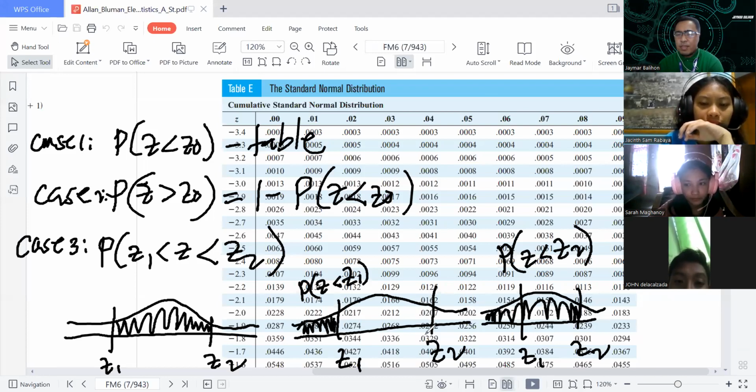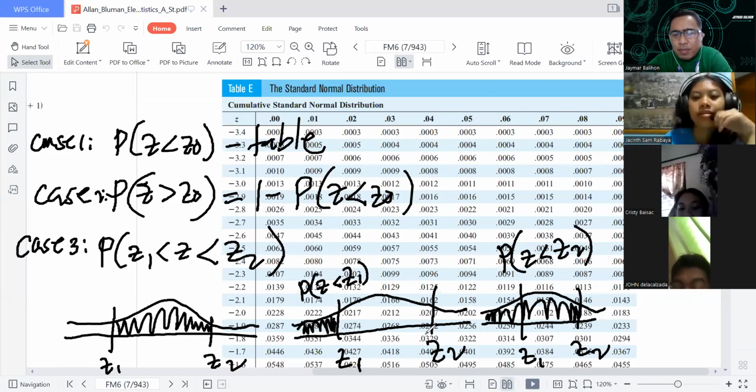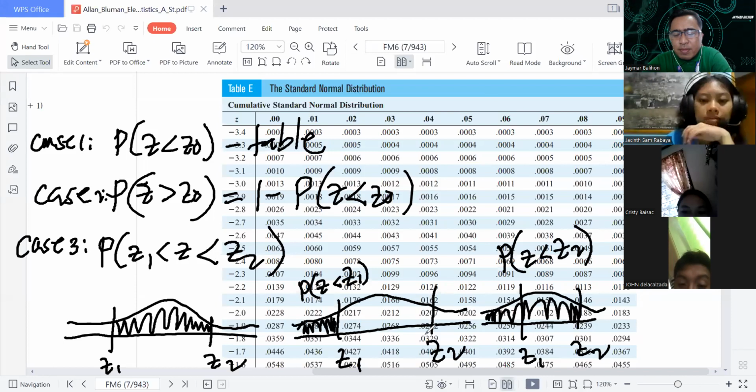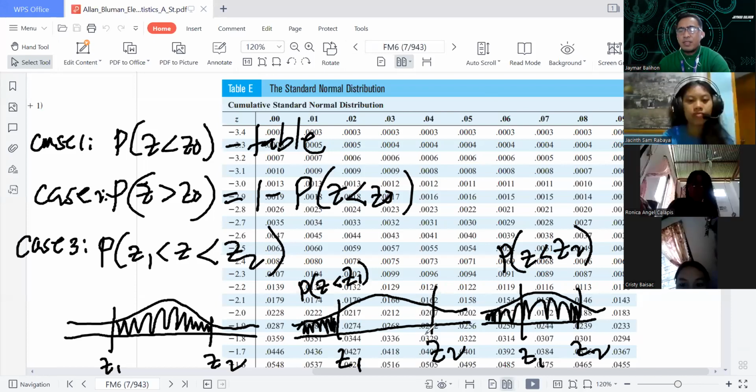Minus. Very good. That's correct. The probability of z less than z sub 2 minus the probability of z less than z sub 1.